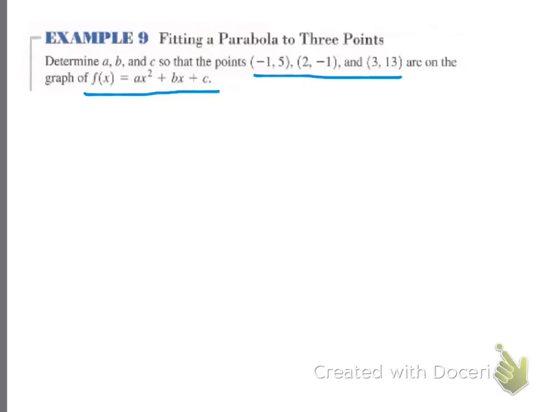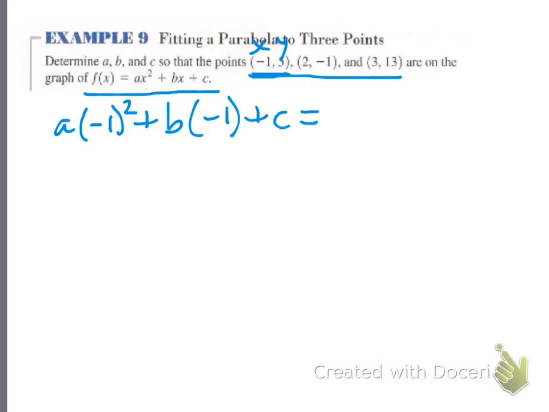Check this out. So obviously these are the x and y coordinates. We're just going to look at this first point. We're going to plug -1 in for x. Okay? So a times -1 squared plus b times -1 plus c equals 5, the y coordinate. So that's our first equation.